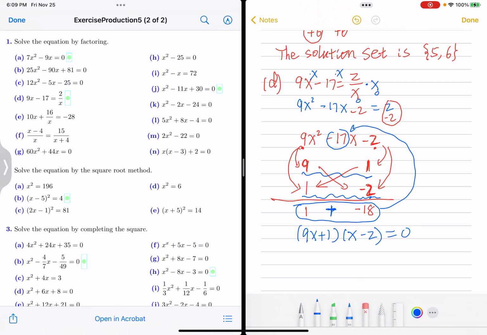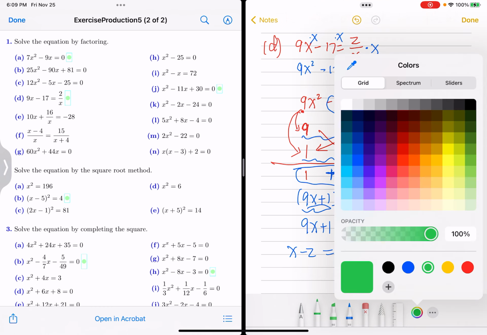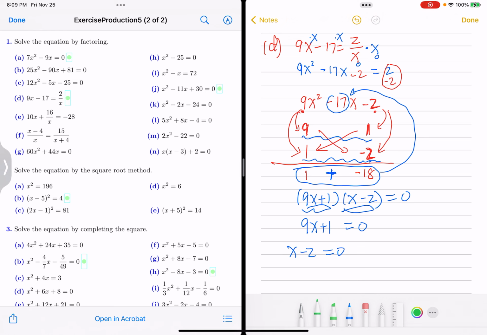Okay. Now, from here, you have 9x plus 1 is 0. From here, you have x minus 2 equals 0. Now, let's solve that. Here, the easy one is plus 2 on both sides.